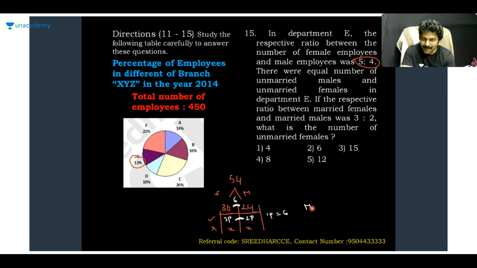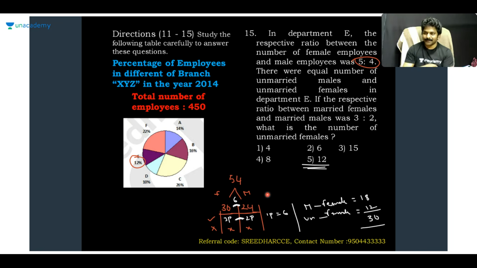So, married female are 3 parts, which is equal to, if 1 part is equal to 6, 3 parts is equal to 18. Then unmarried female are how much? In total number of female are 30. So unmarried female are 12. Fifth option. Correct.